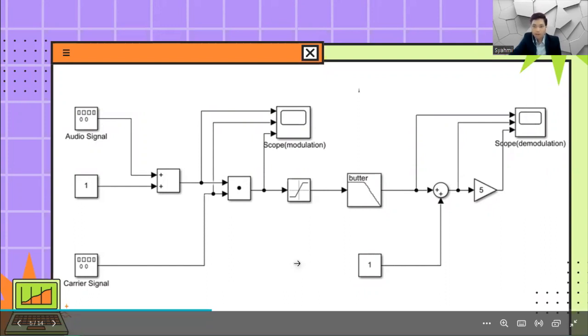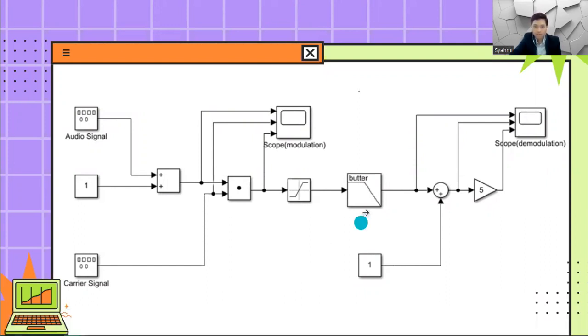This is an analog filter design that I use, and I set it as a low pass 8th order Butterworth filter to ensure that the demodulated signal is generated as I expected.